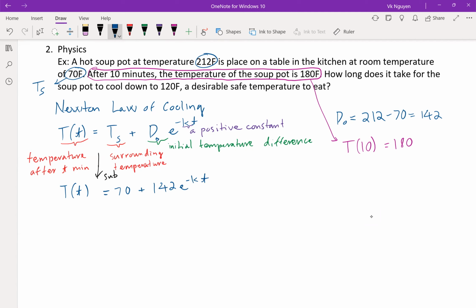In order to use the formula, we have to solve for k. We're gonna use T of 10 equals 180 to solve for k.